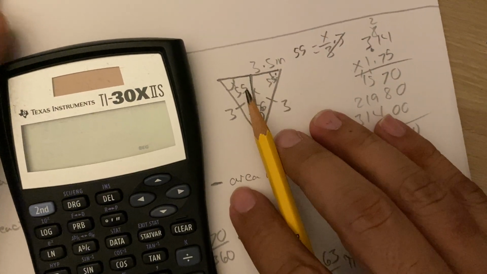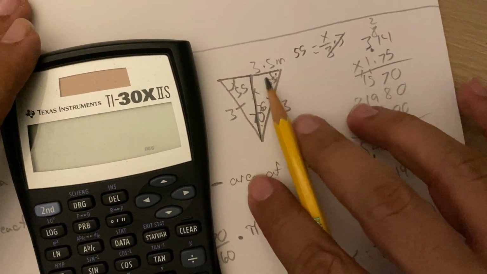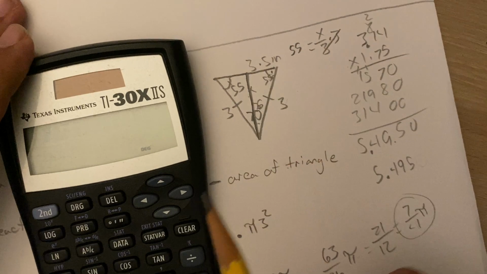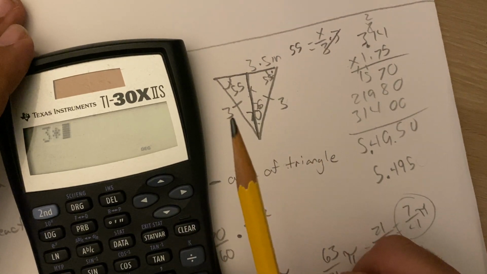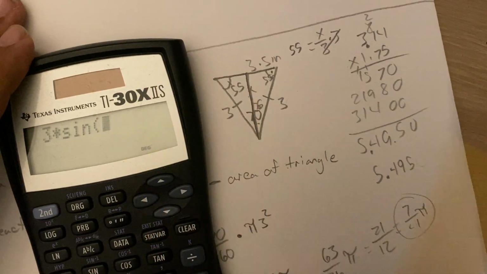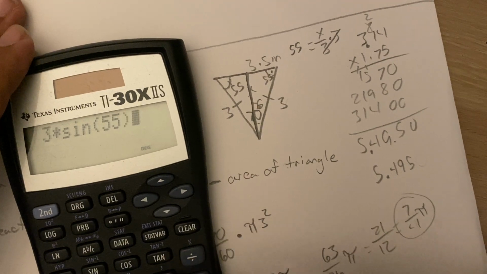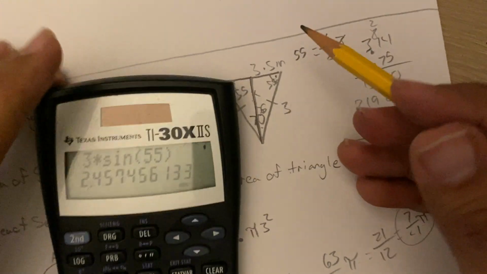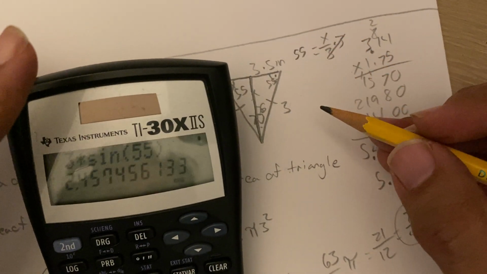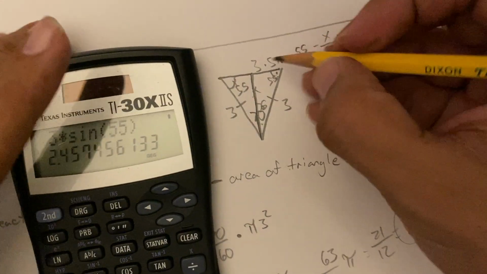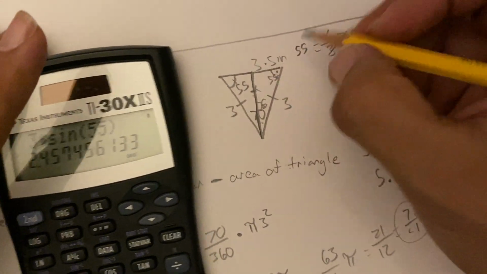A lot of people ask me, how do you type this in the calculator? You literally type in what you're saying out loud. So this is 3 times sine 55. Done. And it is 2.457. So I'm going to say 2.46. So I know that the height is 2.46.